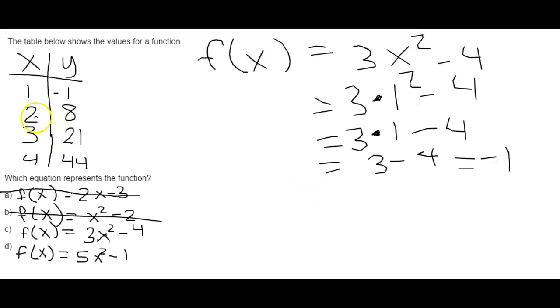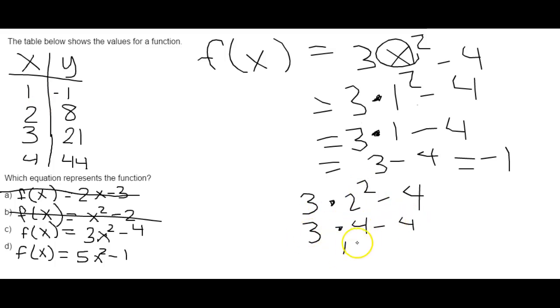Let's check when we plug in 2. If we do 3 times 2 squared minus 4, so we're always replacing that letter x with the number we want to check. 2 squared is 4, 3 times 4 is 12, and 12 minus 4 is 8. That one worked. So our answer is most likely C.